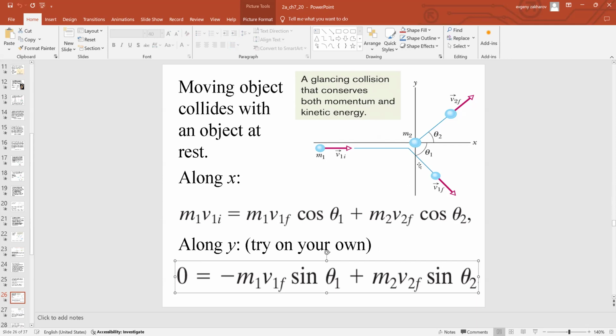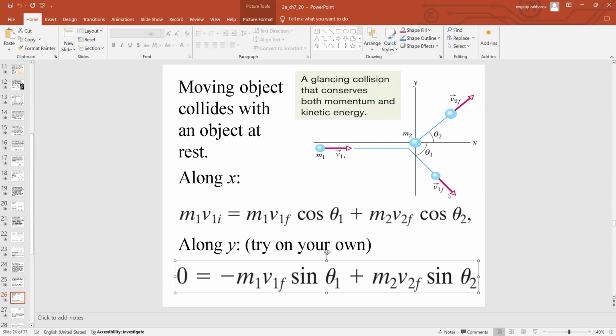After the collision, one ball goes upward and the other ball goes downward. And if it's downward, then the component is going to be negative. So it's a negative m1v1 final. And if this is theta, then this is theta. And we're talking about the y component, which is opposite to theta. Therefore, it's the sine function.